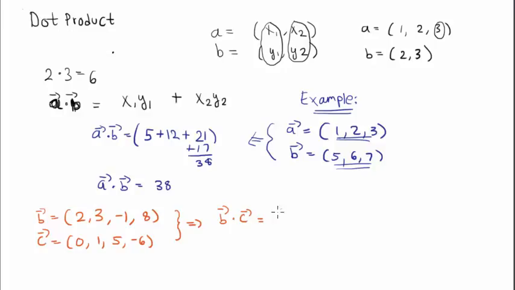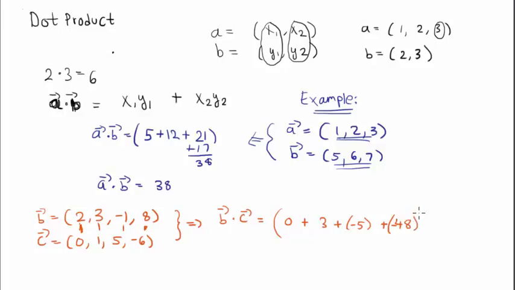How would I do that? Well, 2 times 0 is just 0, plus 3 times 1, which is 3, plus negative 1 times 5, which is negative 5. And then lastly, what is 8 times 6? So 48. Or sorry, 8 times negative 6, so it'll be negative 48.